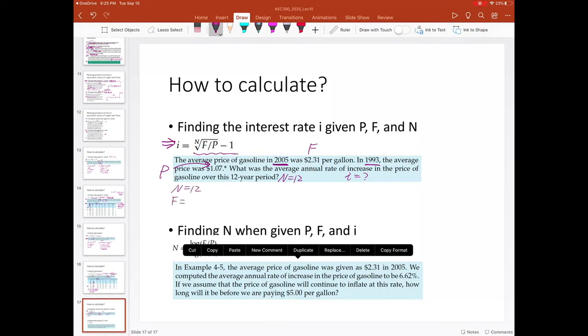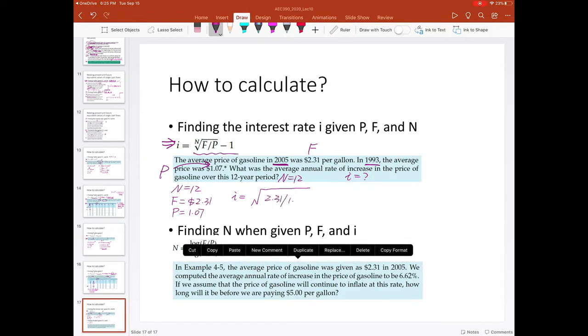And your N is 12, your F is 2.31, your P is 1.07. What is the I? So you can substitute the letters with the given values.